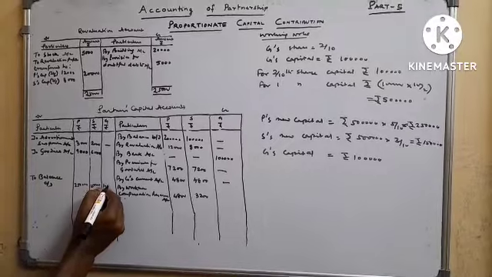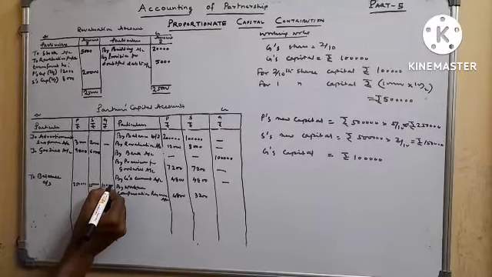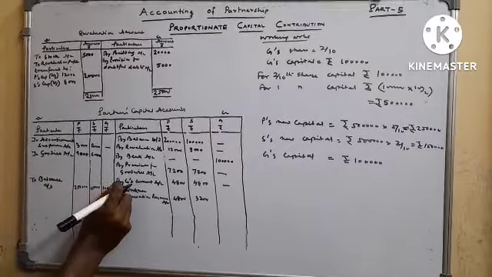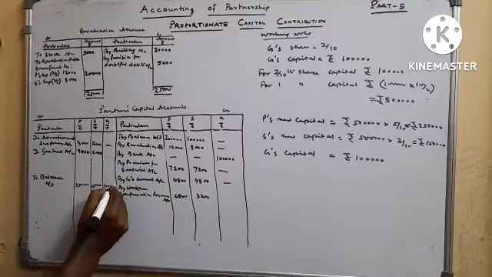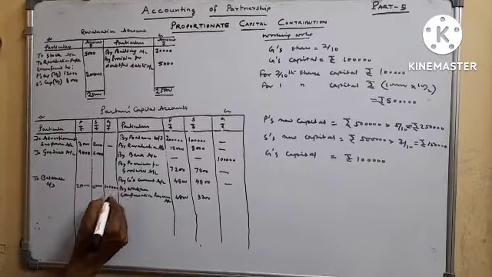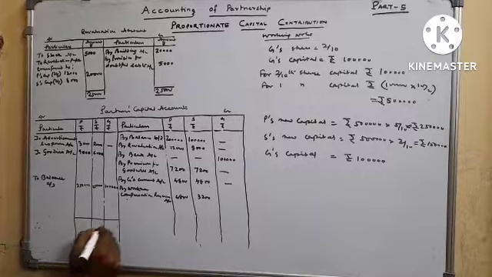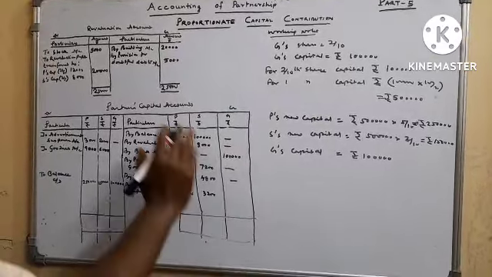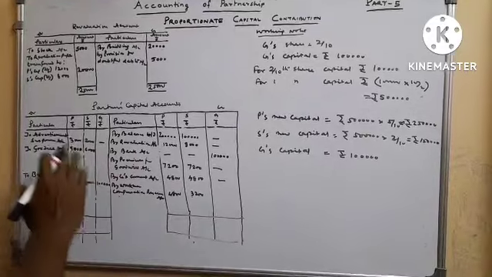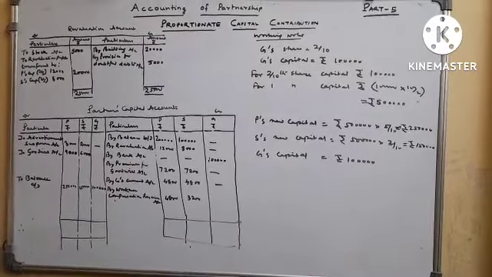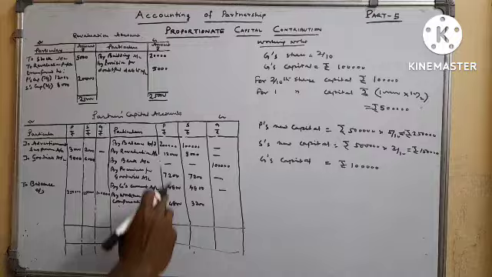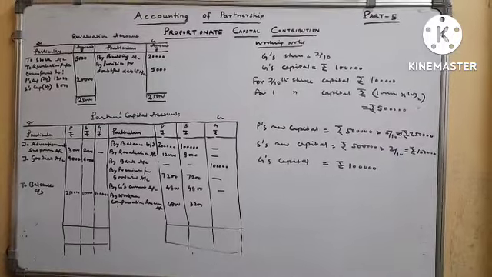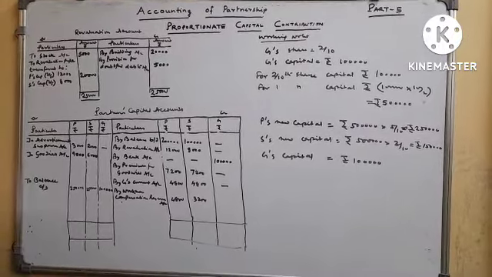It will be 1 lakh. Now we should close the book. We have to see which side is greater, credit side greater or debit side greater. According to the total, credit side coming 2 lakh 62.